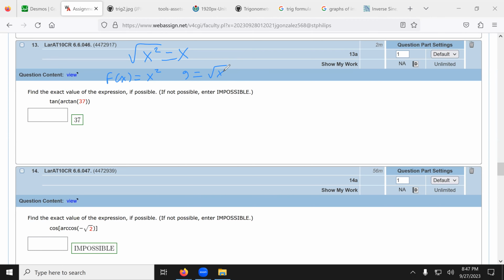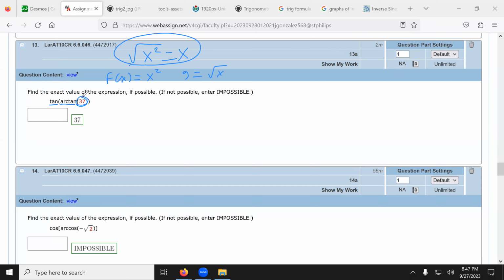If you compose them together and they cancel out like this, then they were considered to be inverses, right? That's what we talked about in college algebra. Square root and x squared are opposites, they are inverses, so composed together they cancel. These are inverses of each other, so they should cancel, leaving you with just the x value.